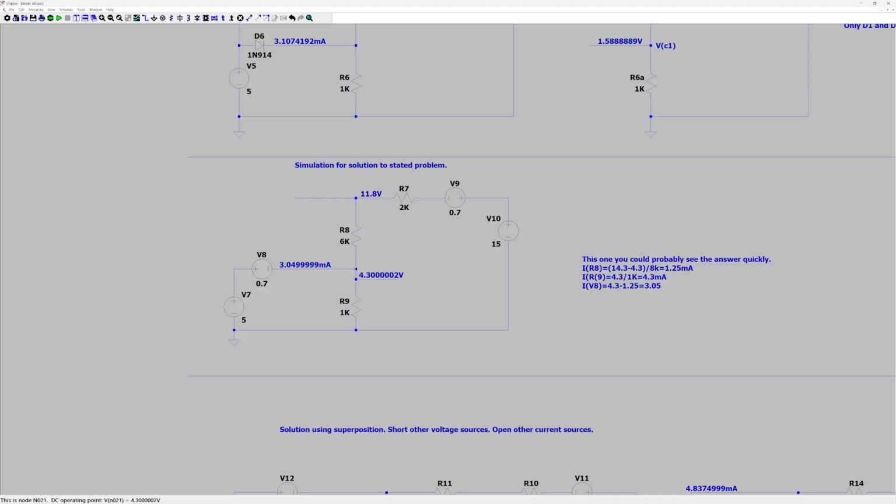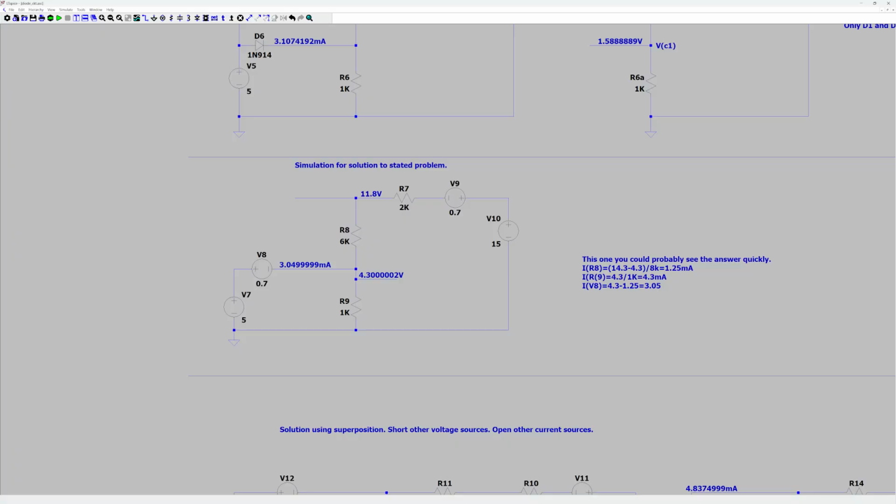And then, since this is 4.3 volts, you know that the current through R9 is 4.3 milliamps. So you just subtract this current from that current, and you get 3.05. And that's what this shows over here to the right. So that's fine. You're done. You can almost just look at it. Oh, yeah, I get the answer. Well, that's fine.